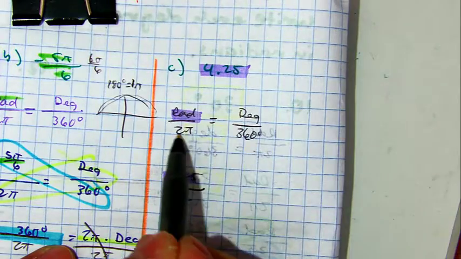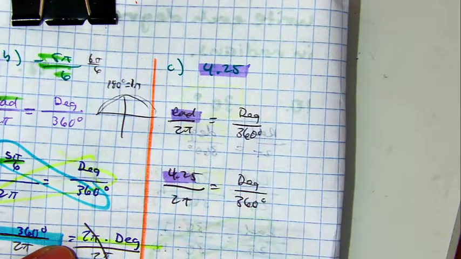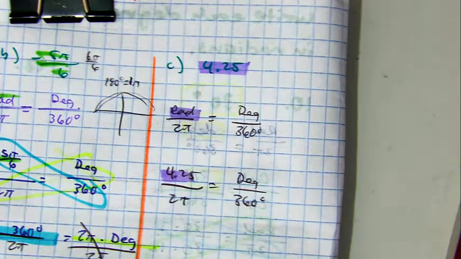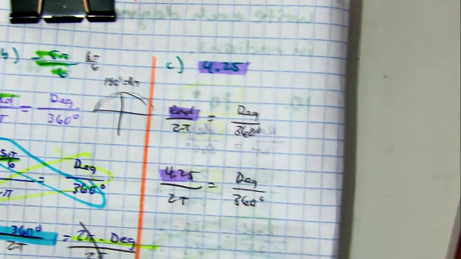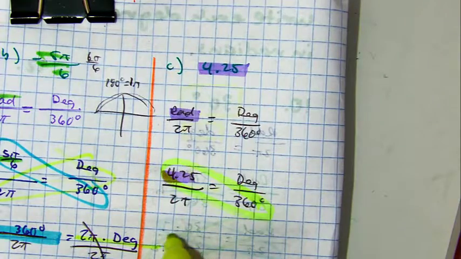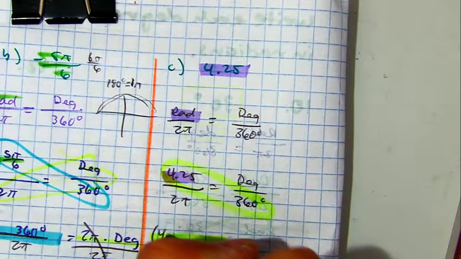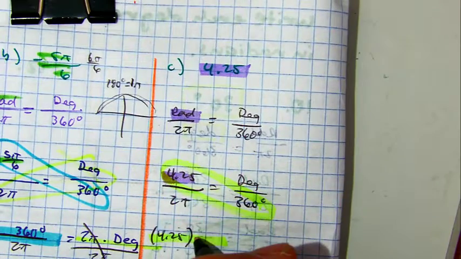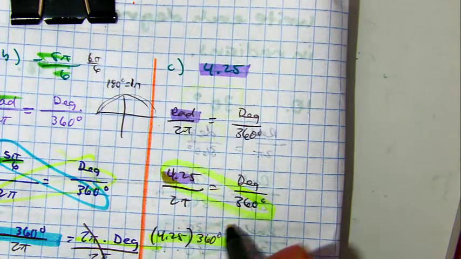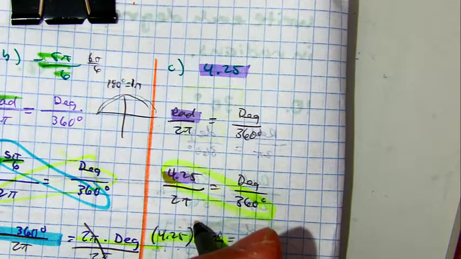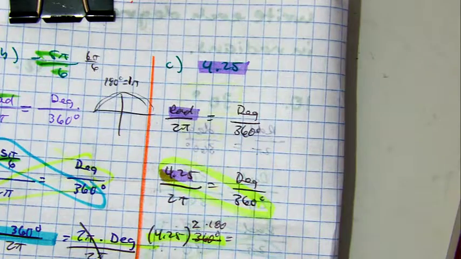That's part over whole over degrees over 360 degrees. Alexis, what do we do next? Cross multiply. Alexis, what am I going to write there in yellow? Two times 180? Yeah. Sure.